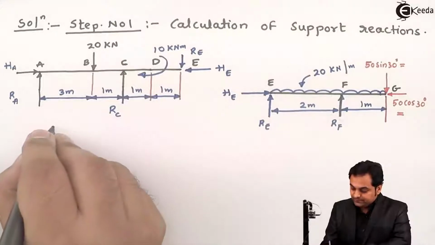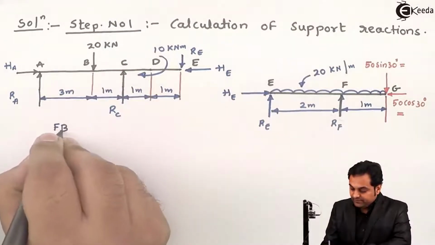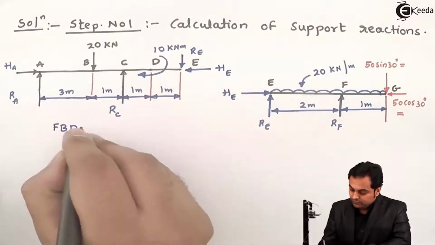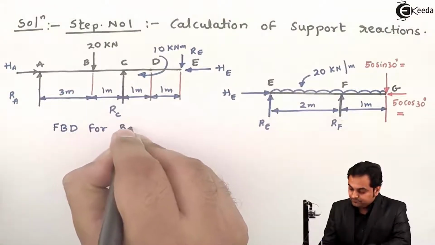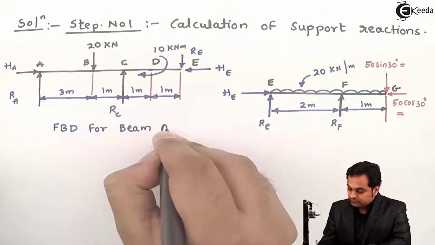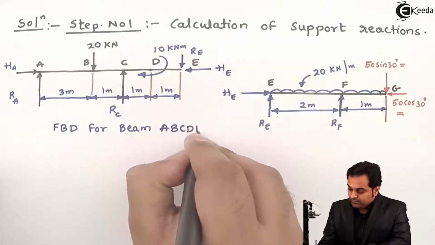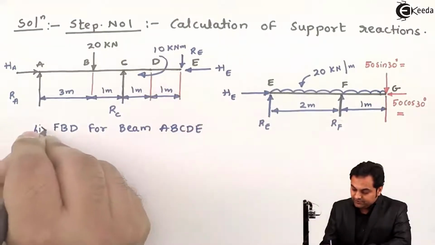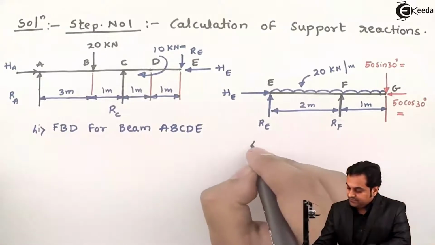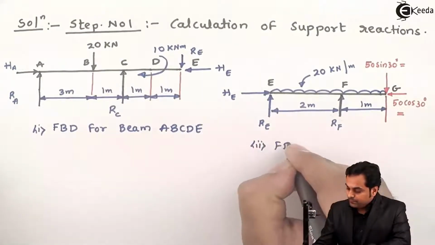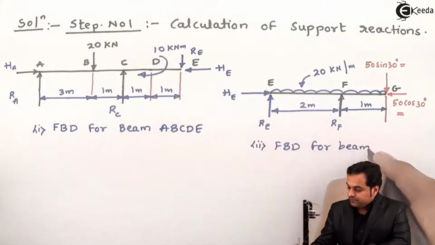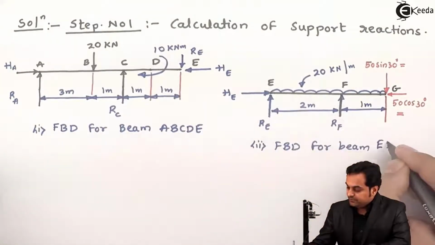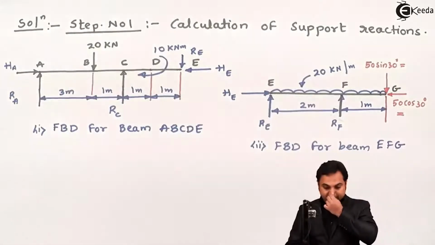So this is the FBD for beam ABCDE, the first part, and the second part is the FBD for beam EFG, the remaining part. Now I'll explain what I have done here.